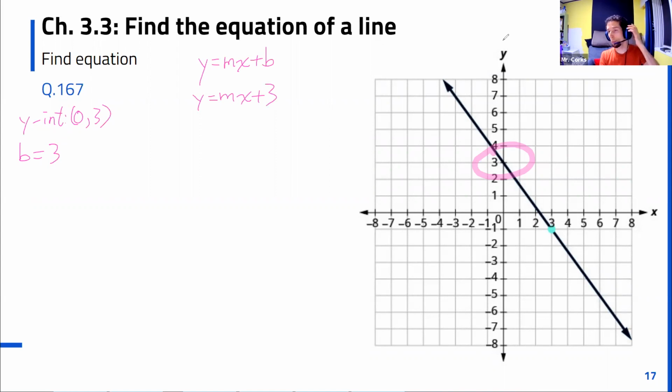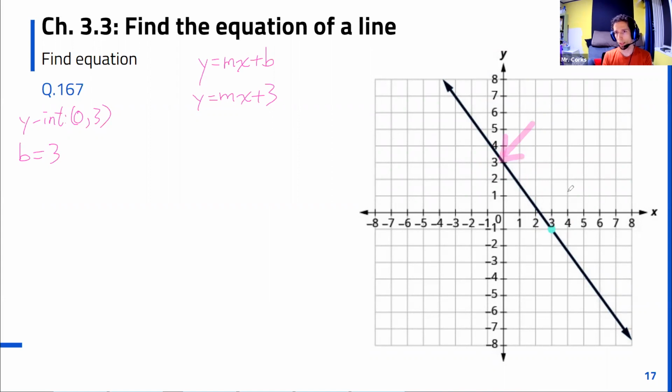So we need the slope. How are we going to figure out the slope? Just count manually from the graph from 2 points. Tell me 2 points. (0, 3) and (3, -1). And there's even a point very clearly labeled on this for us.